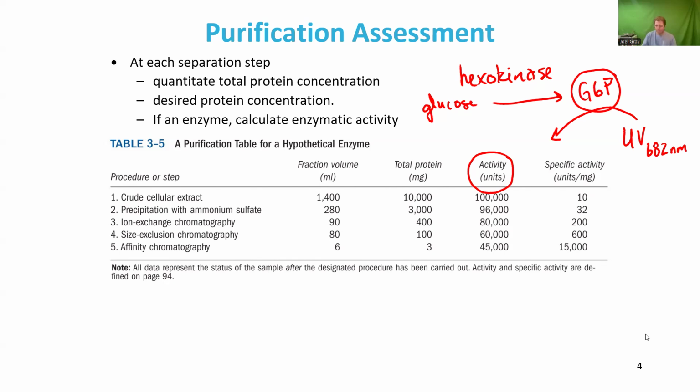Beer's law is very powerful because it has an equation that is roughly A equals epsilon times path length times concentration.